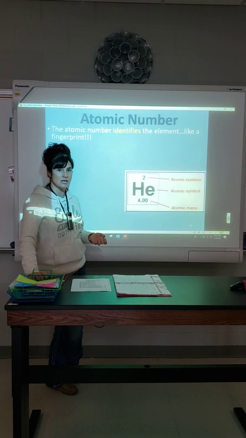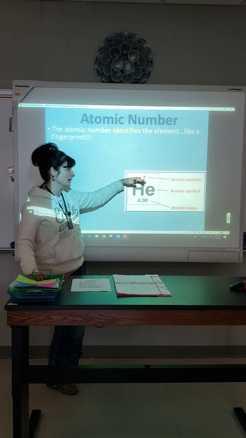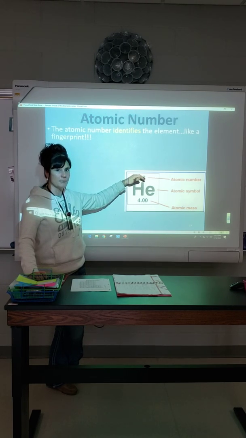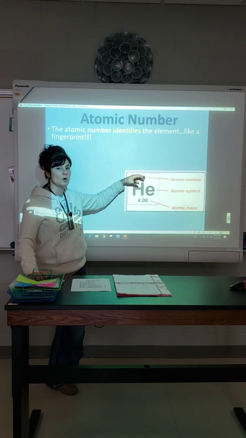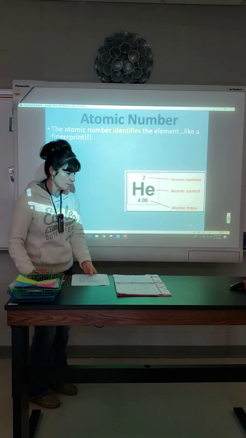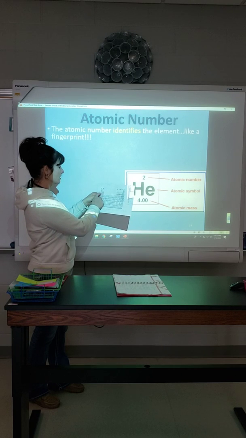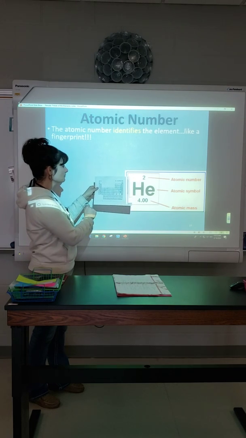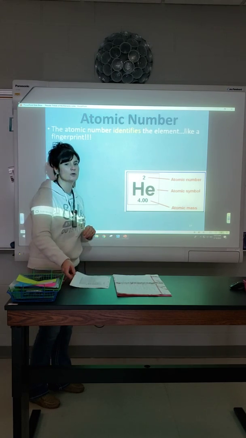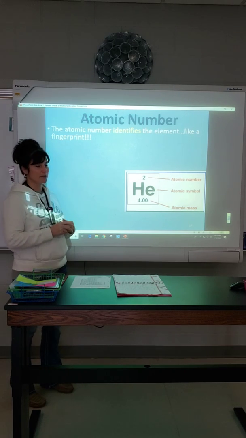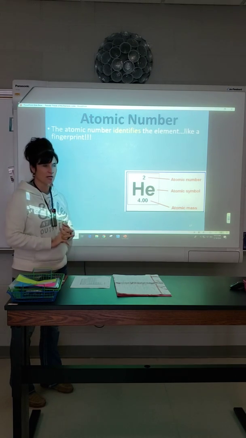That's something I'll emphasize a lot because you can't just automatically know the atomic one's at the top, because different periodic tables will have that different. On our periodic table, the small number, or the atomic number, is on the top. But not all periodic tables are that way, so just be aware of that.